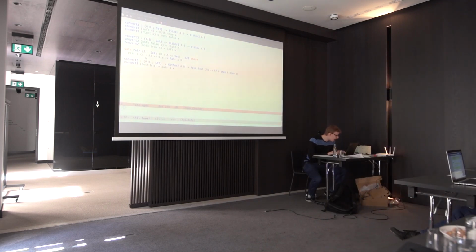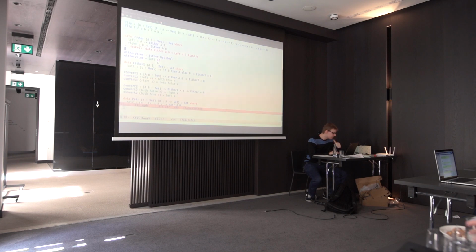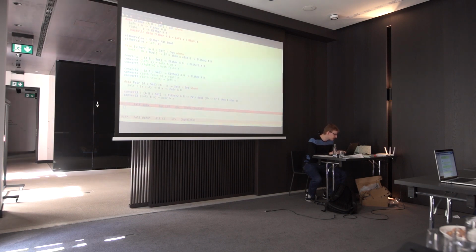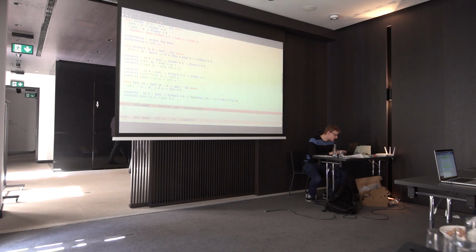I finished at this pair type, which is a dependent pair, and we have shown that this pair type generalizes this either two for the case when the first component is just a boolean and the second component is an if function, similar to that merging function.